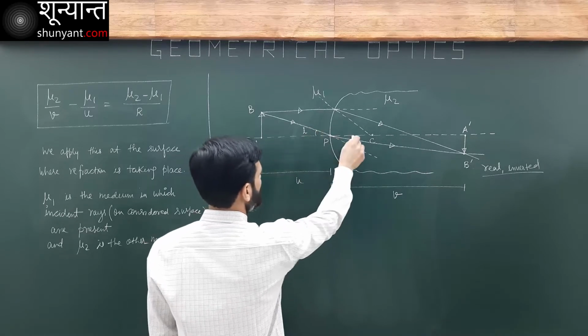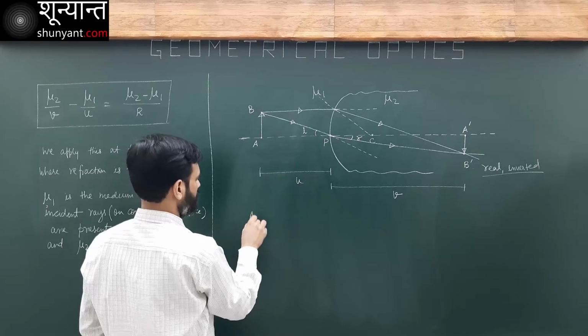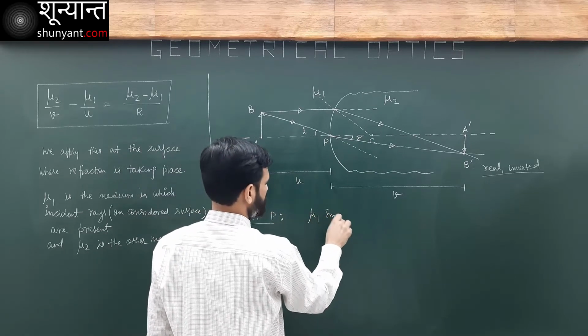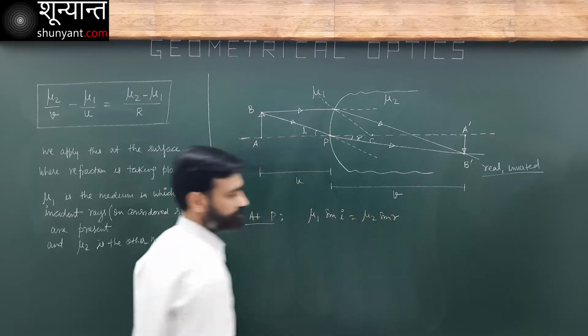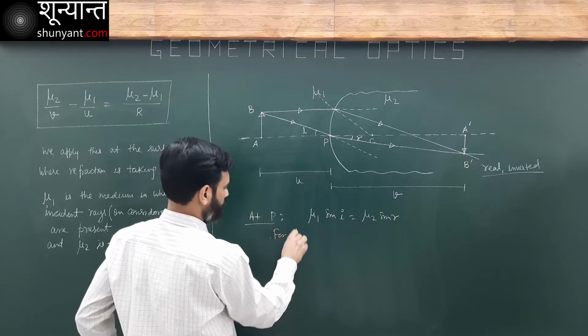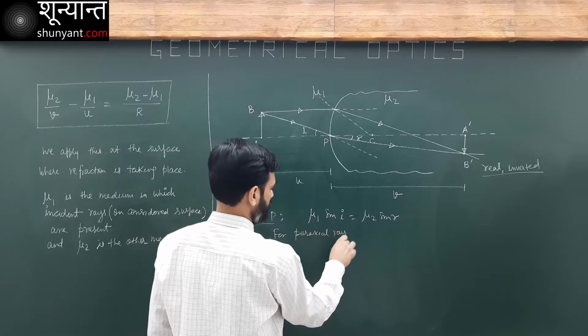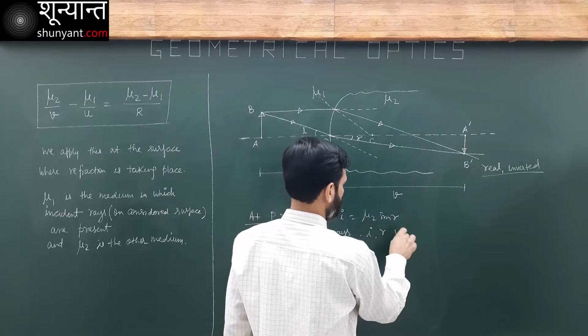Angle of incidence i. Let's say that this angle is r. At point P, mu1 sin i is mu2 sin r. For paraxial rays, i is very small.